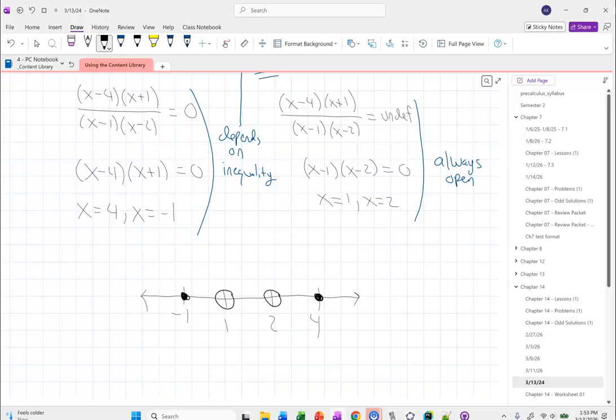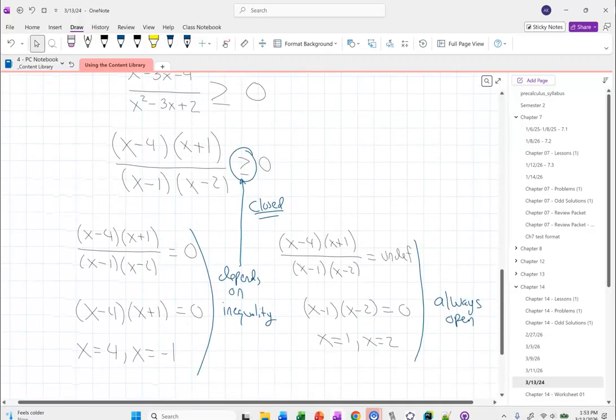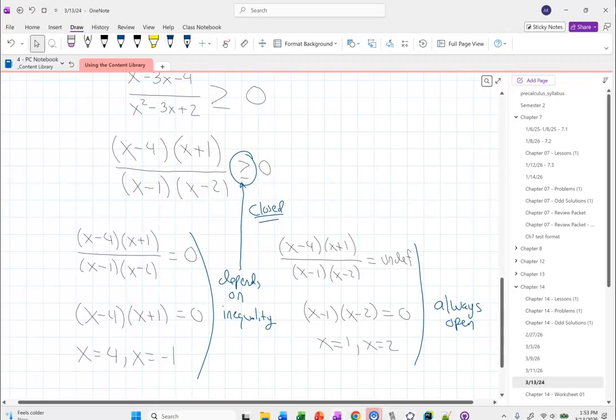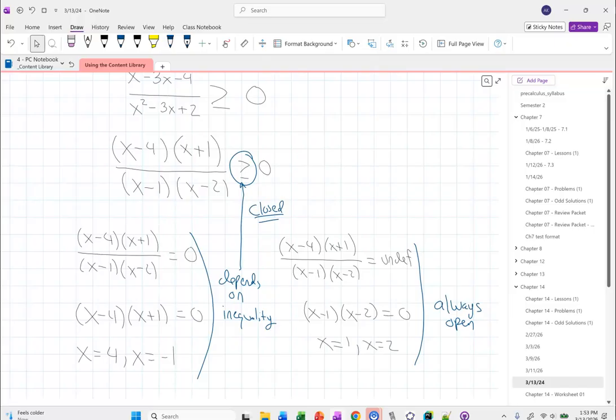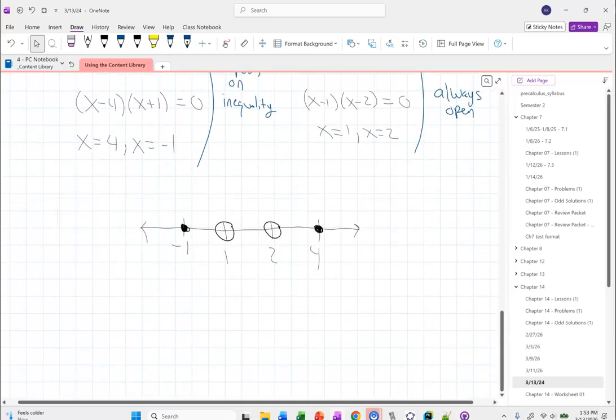Wait, but -1 is bigger than 0, so why would that be closed? Because when I plug -1 into this, I get 0 over something, which is equal to 0, right? Is that okay? Yes. Okay.